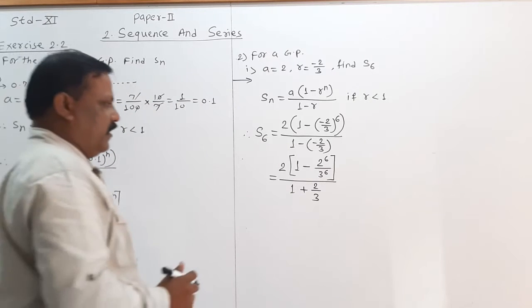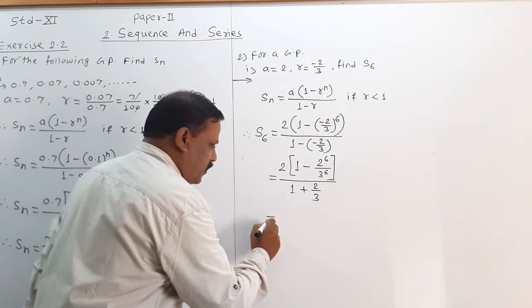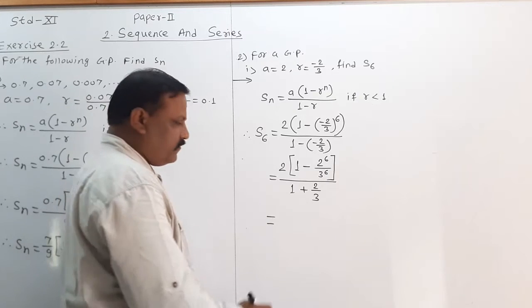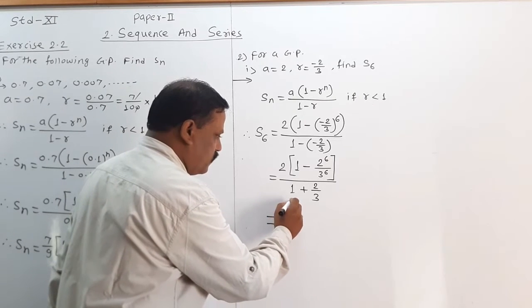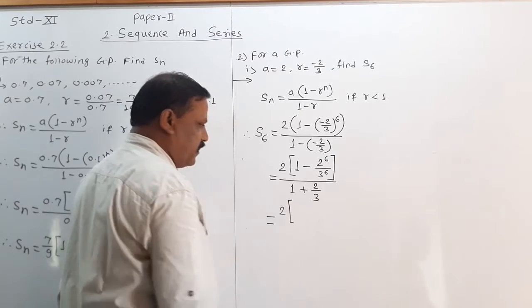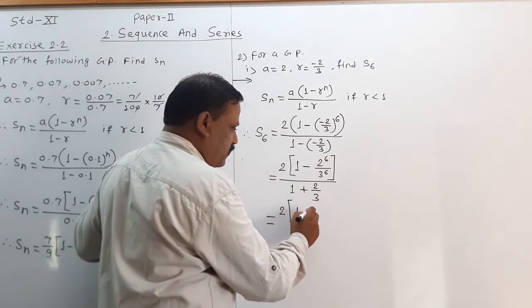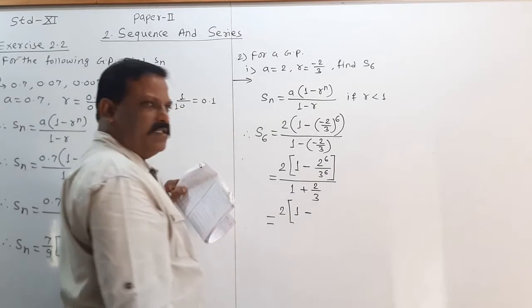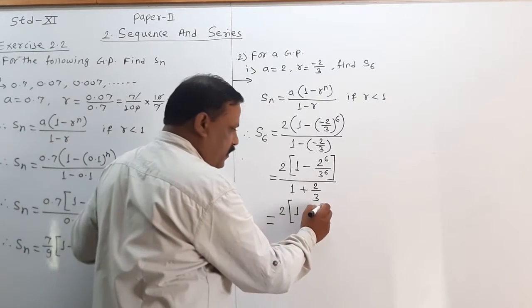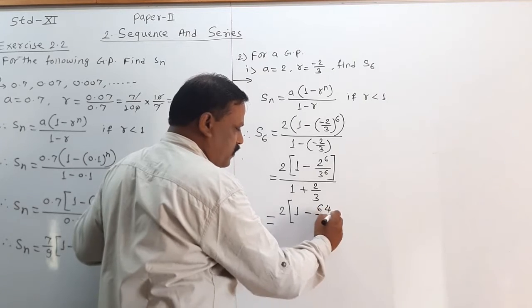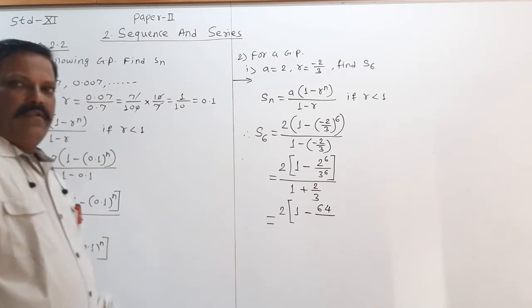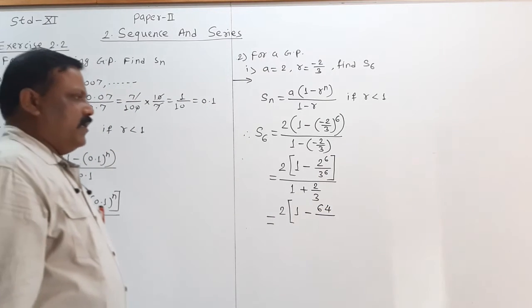That is equal to 2 into the bracket 1 minus 2 raised to 6, which is 64, and 3 raised to 6.